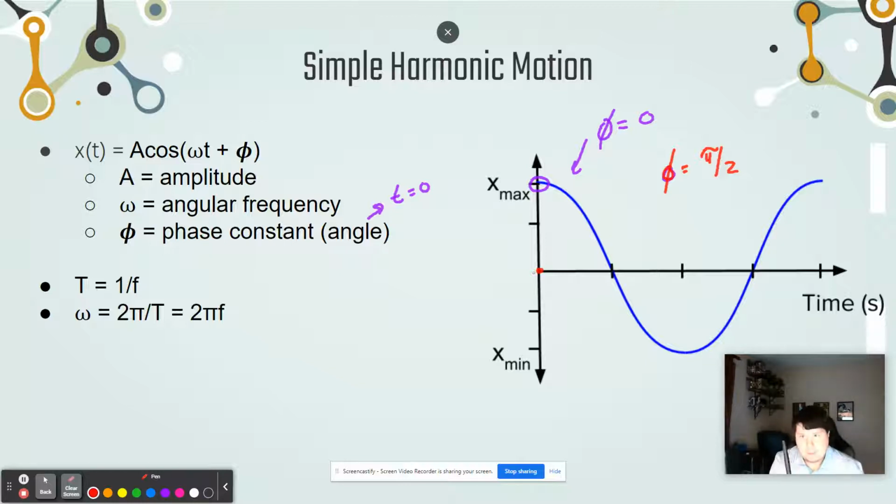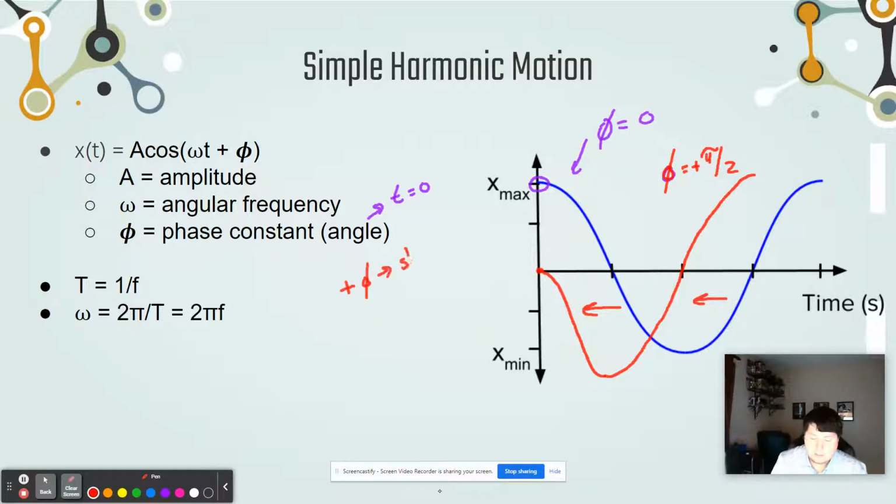And then after pi over 2, the cosine actually becomes negative, and that's what produces these negative values here. So it would go down something like this, and once you got to here, it would come back up and go like that. What you would notice is that my graph has just been shifted over to the left. I can tell that because that's a positive phi value, or a positive phase constant. In general, a positive phase constant will shift it left, and a negative will shift it right.